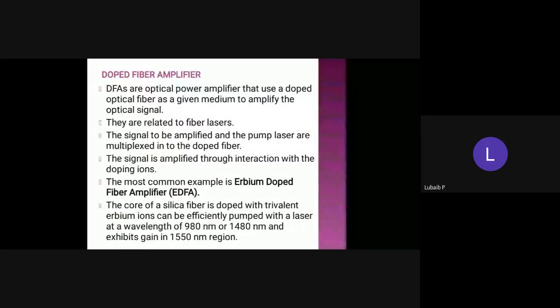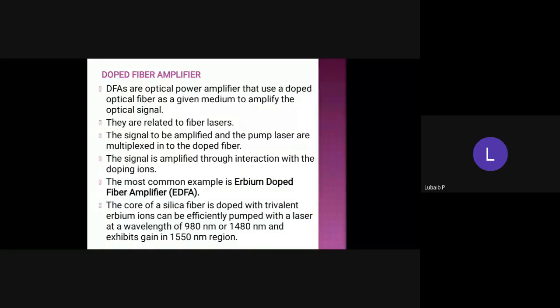The signal to be amplified and the pump laser are multiplexed into the doped fiber. Here, the signal to be amplified is coupled to the fiber through couplers into the active medium.